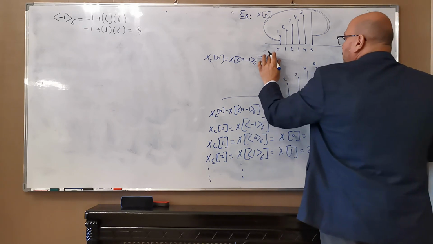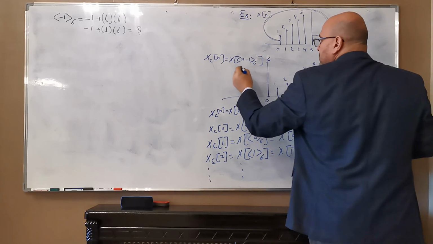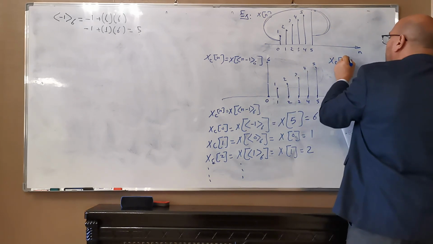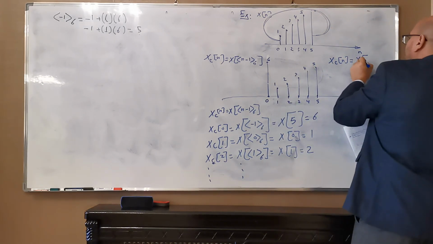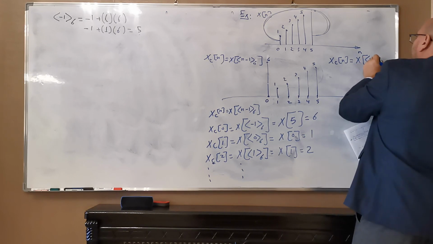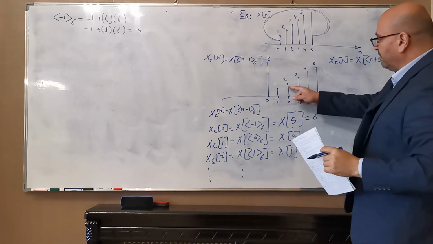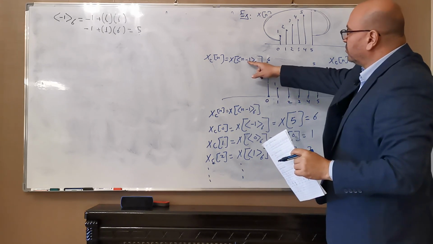So this one is also equal to 6. This is also xc of n equals x of n plus 5 modulo 6. So 5 steps to the left is equivalent to 1 step to the right.